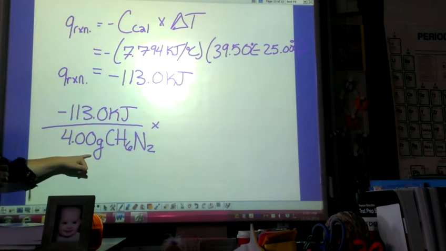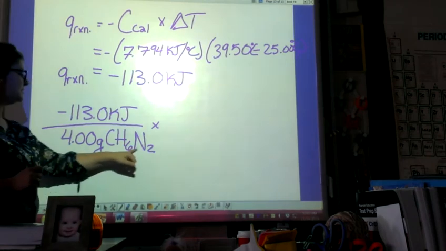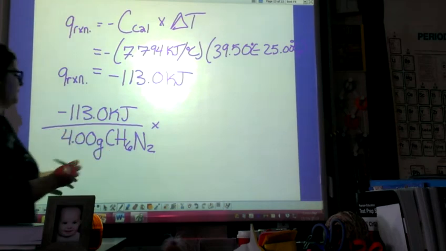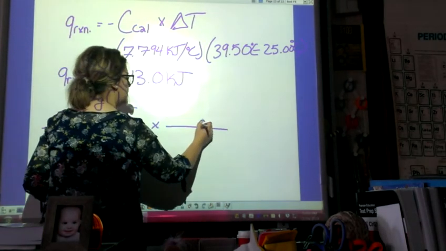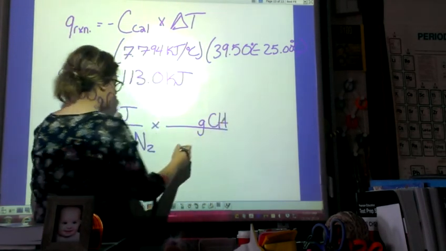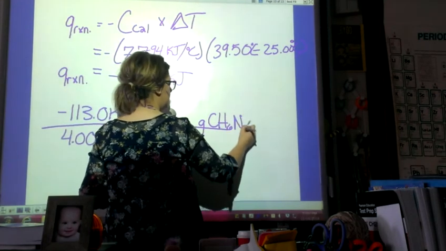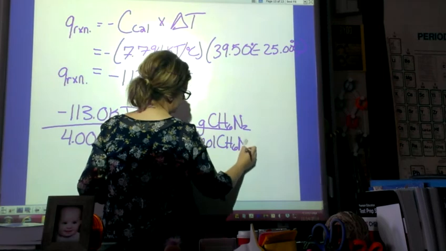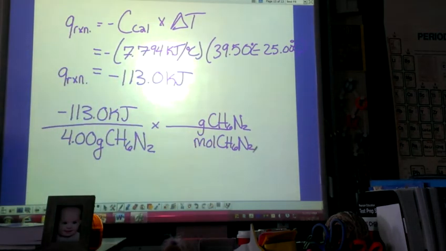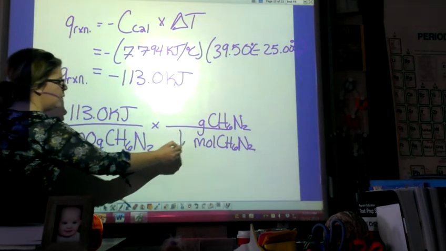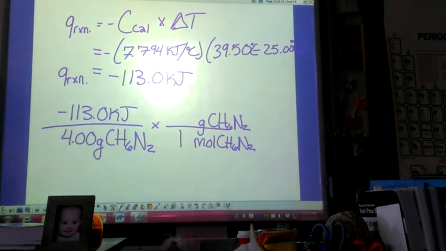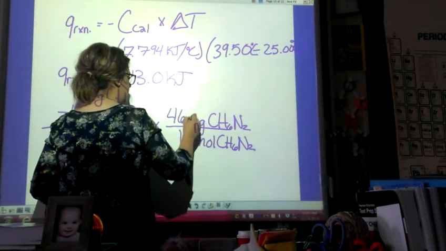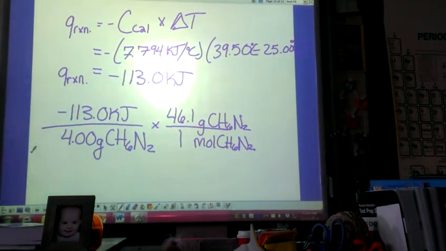So I'm just going to use the molar mass of CH6N2 to figure out how many kilojoules in 1 mole of this. So I want grams of methylhydrazine, CH6N2, over a mole of CH6N2, okay? So I know that in 1 mole, I can use my periodic table to figure out that this should be 46.1 grams of that.